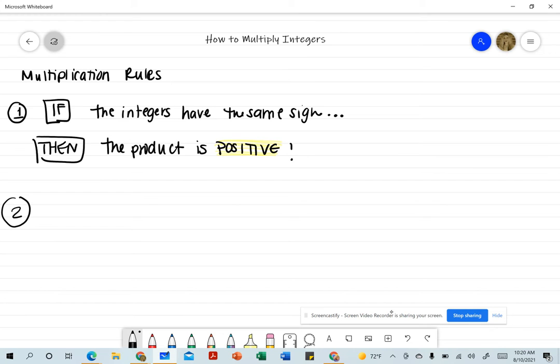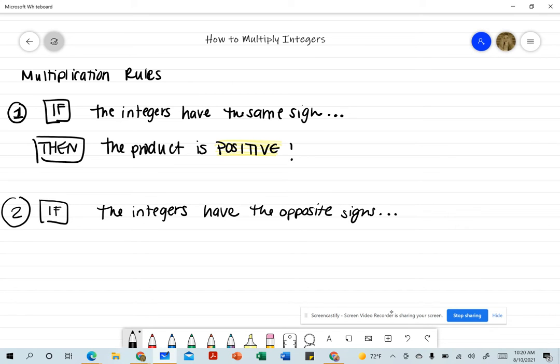Our second rule we learned was if the integers have opposite signs, then the product is negative.